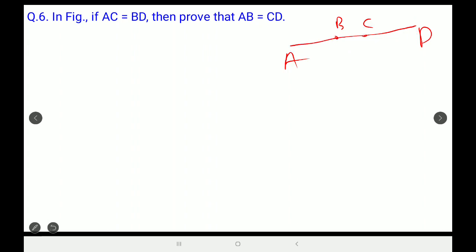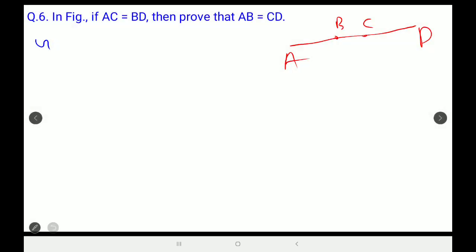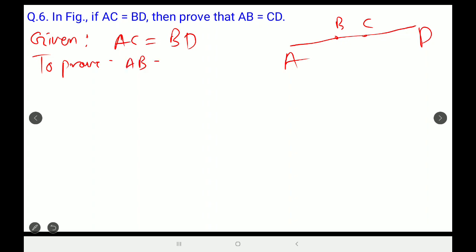First, what is given we can write: AC equal to BD is given. And we have to prove AB equal to CD.